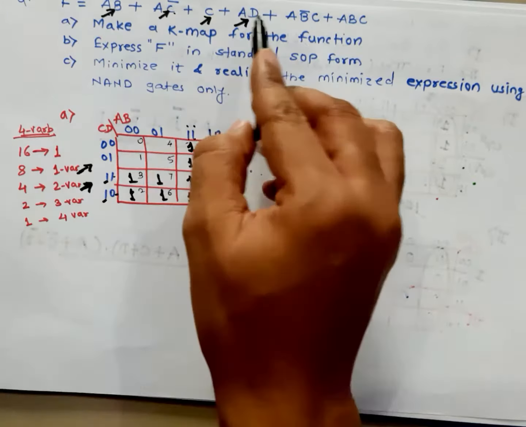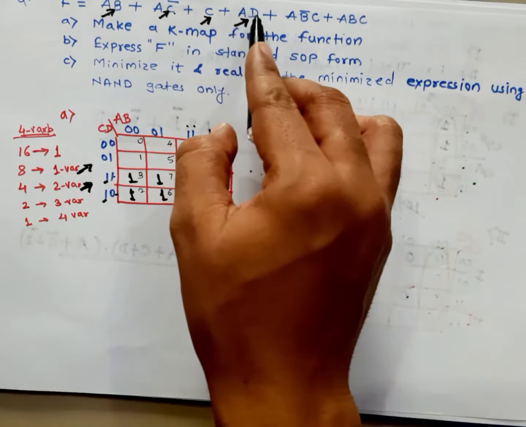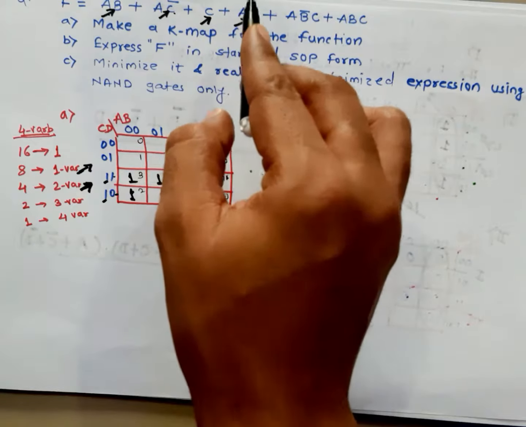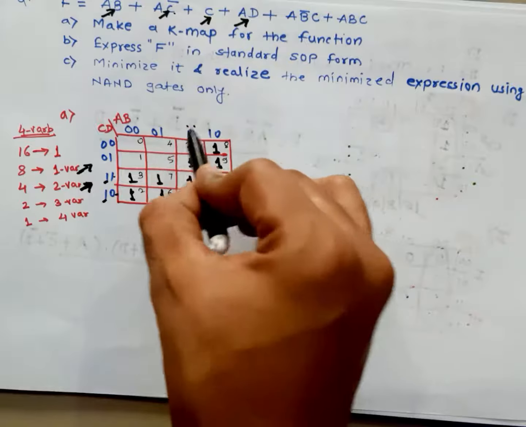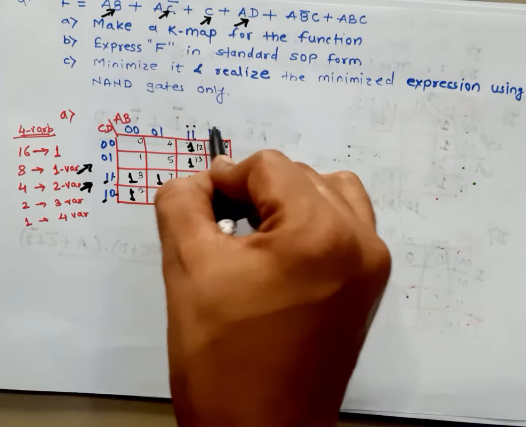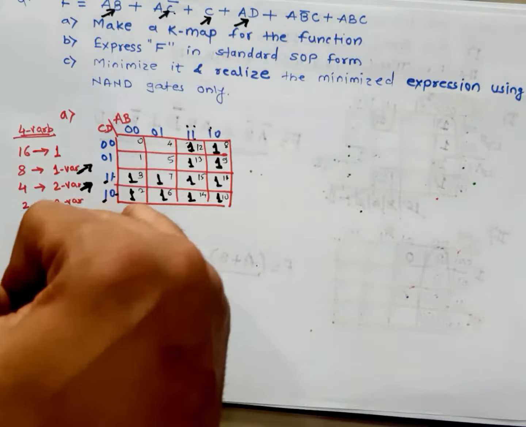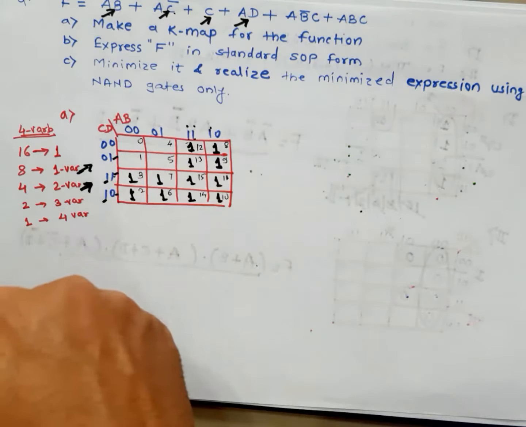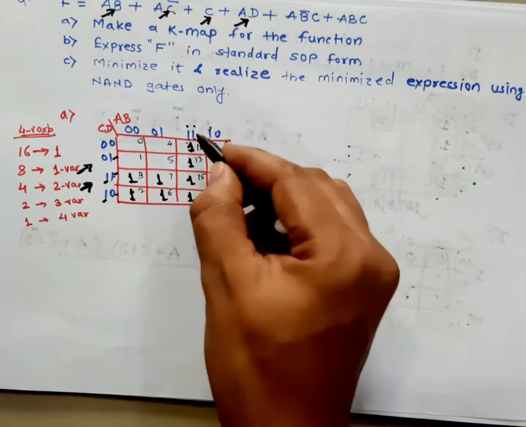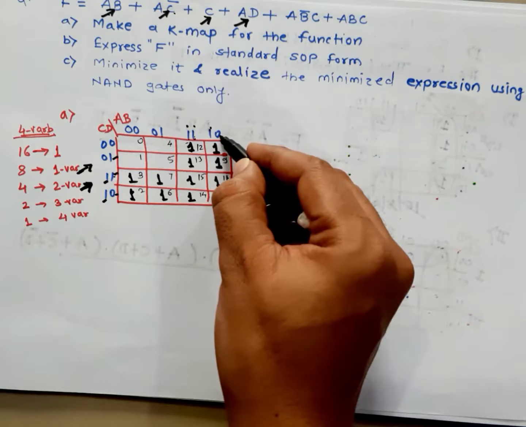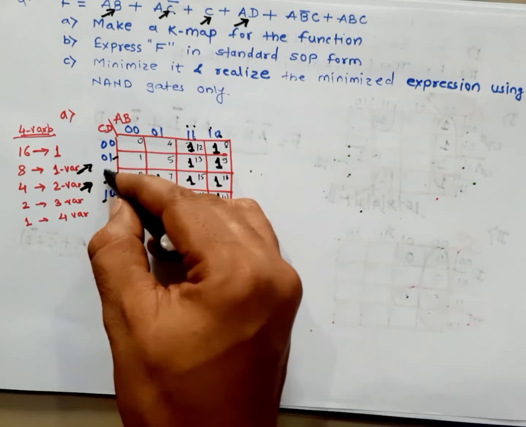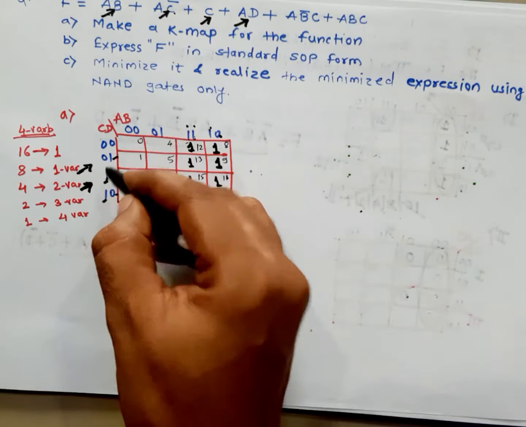Now where the value of A is 1 and the value of D is 1, B and C get eliminated. Now consider the value of A. For these two cases the value of A is 1, and for these two cases the value of D is 1. For these two cases B is eliminated, and for these two cases the value of C is 0 and 1, so that gets eliminated.